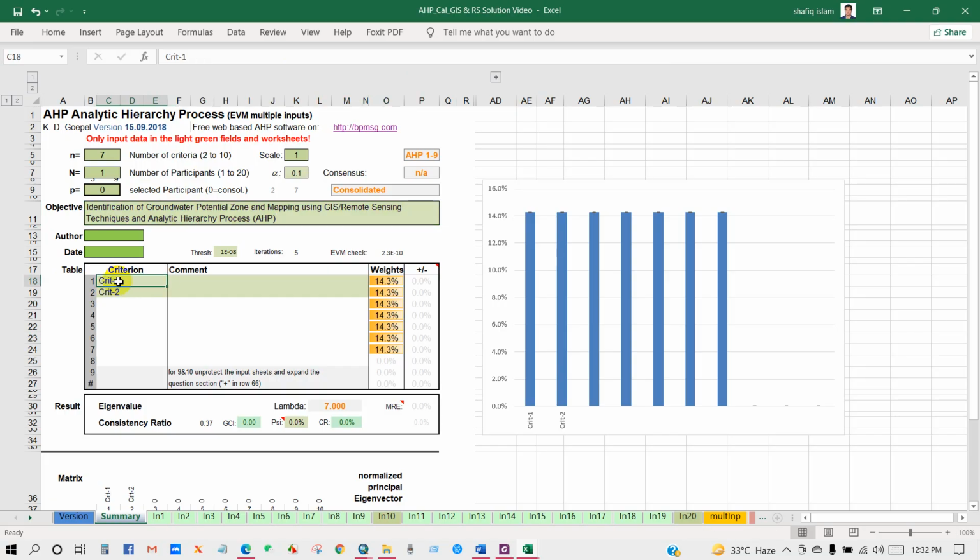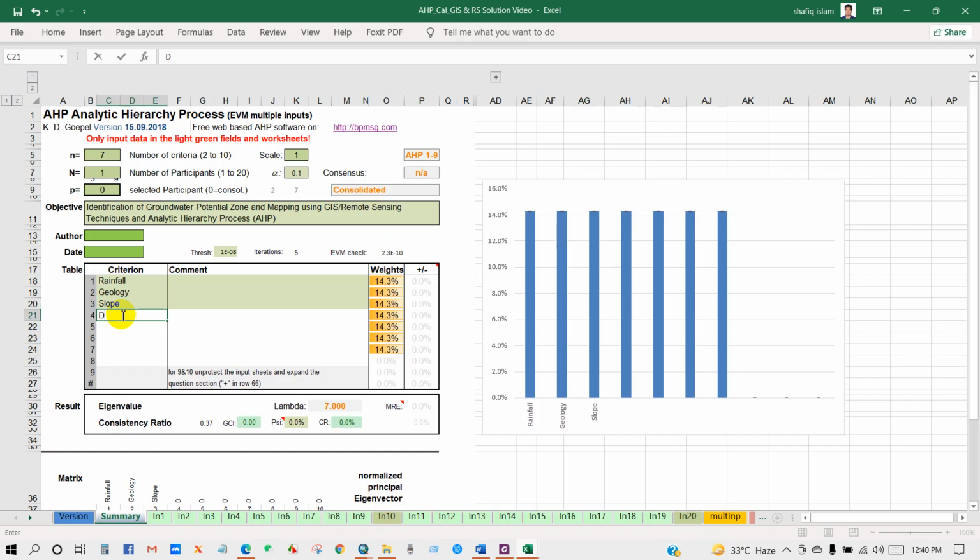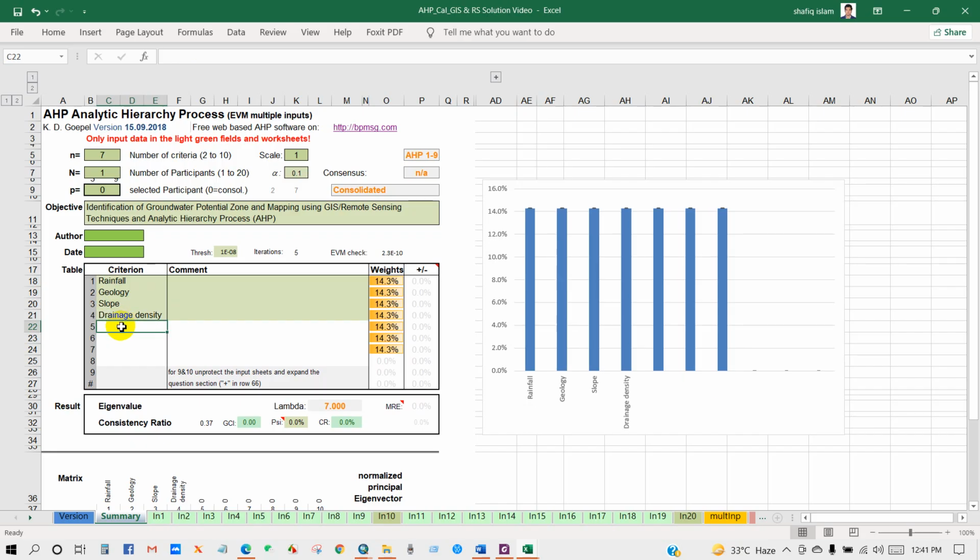Here I'm going to write criteria, I mean factors: rainfall, geology, then slope, drainage density, LULC, lineament density, and then soil type.